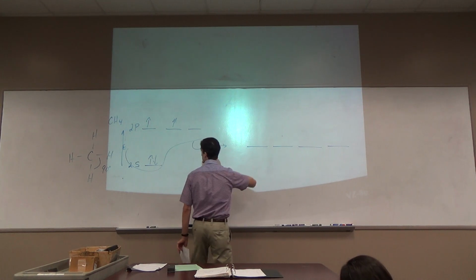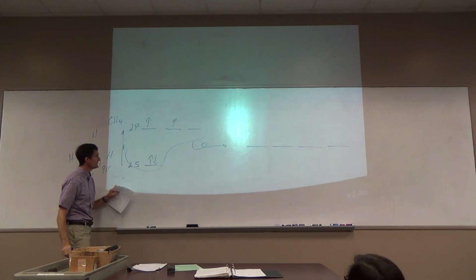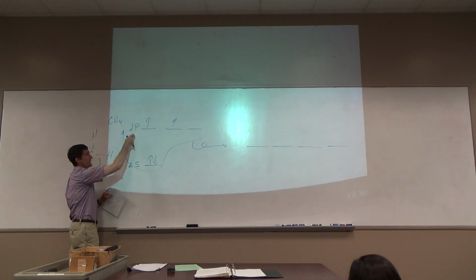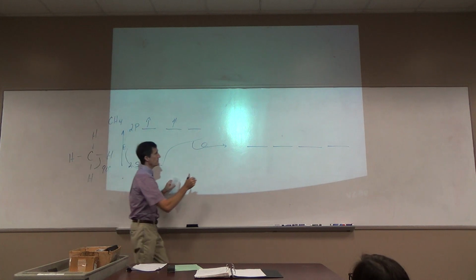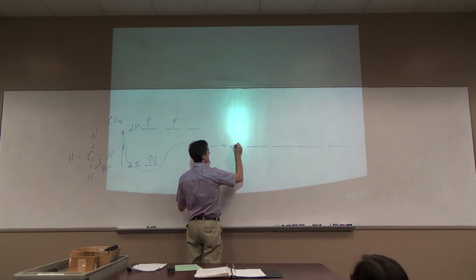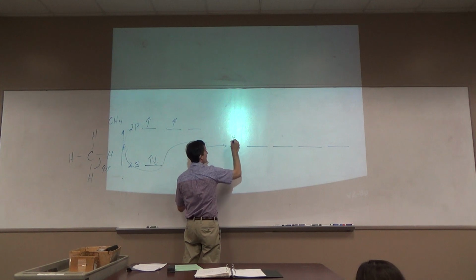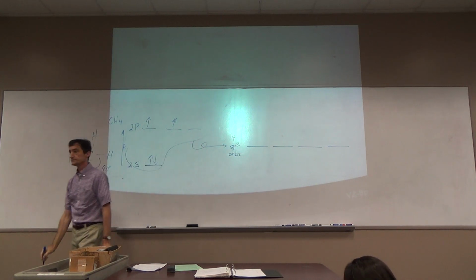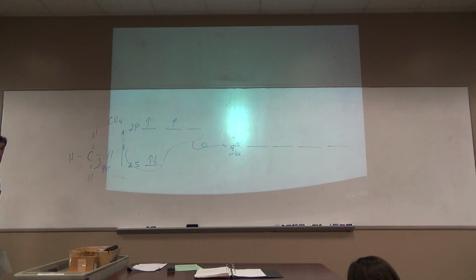What do we want to call these? Well, not too fancy. They were created by combining an s and three p's, so we call them sp3. It's four sp3 orbitals. We blended these four up and scooped out four blended ones.